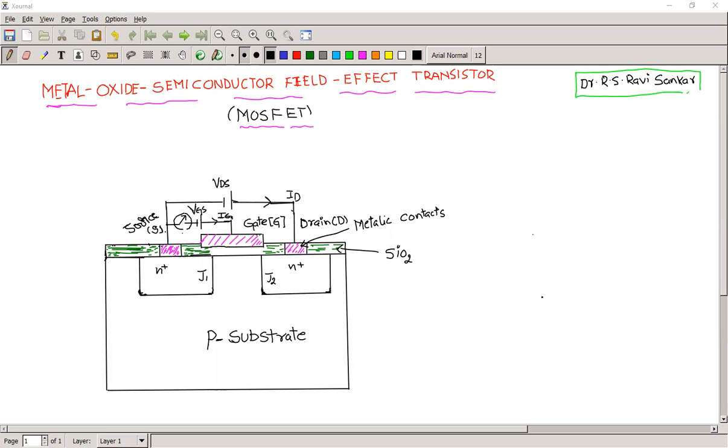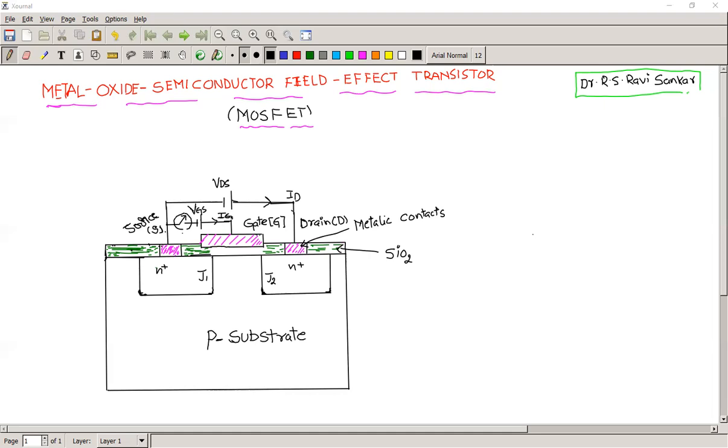In this figure, we have shown the structure of the MOSFET. This is the p-type material. On the p-type material, these two are the n-plus type materials which are diffused on the p-type material. This one is a silicon dioxide.